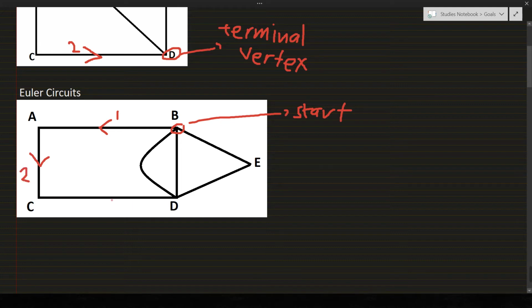Then C to D, number 3; B to E, number 4; D to B, 5th; B to D again, 6th; D to E, 7th; final, E to B. So as shown, we already know that this is an Euler circuit because we started and ended at point B. So this is also our ending point.